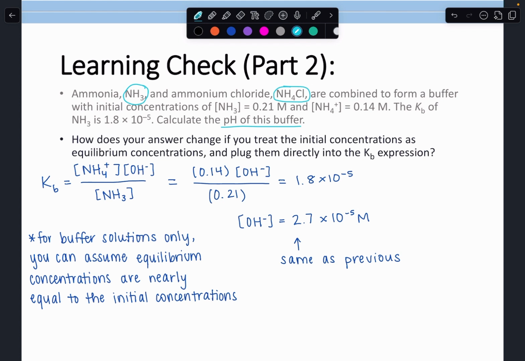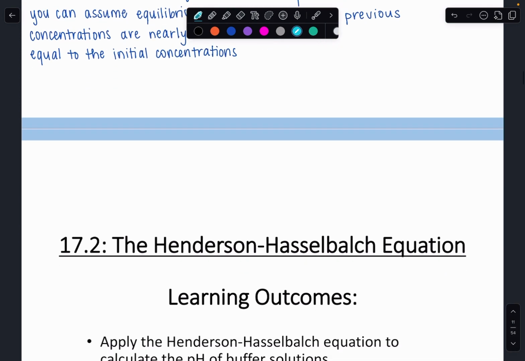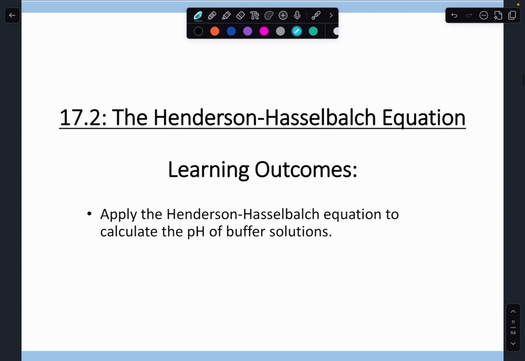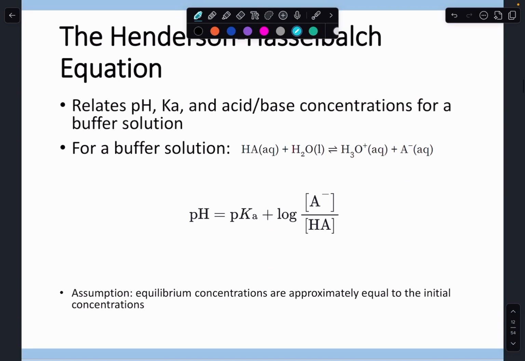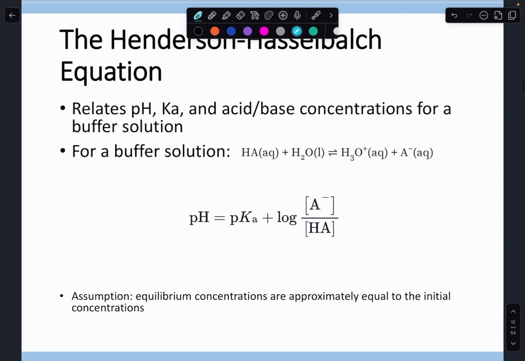We actually have an even more direct way to calculate pH. Remember, that's what the original question was, to calculate pH, using the Henderson-Hasselbalch equation. So we can use this to calculate pH of buffer solutions in a little more direct way. This equation relates pH, Ka, and acid-base concentrations for a buffer solution.